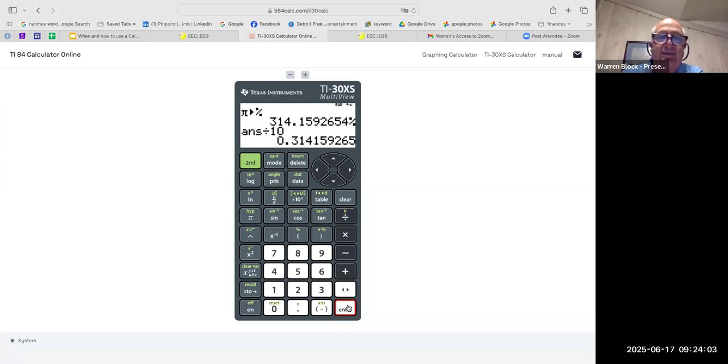Oh, that was in percent. So let's convert that to percent. Well, let's divide by 10 again. And now we have the decimal of a percent of pi, and we want what pi really is.